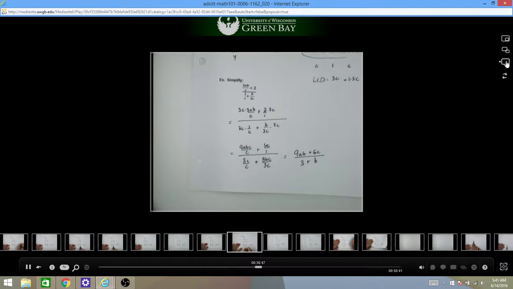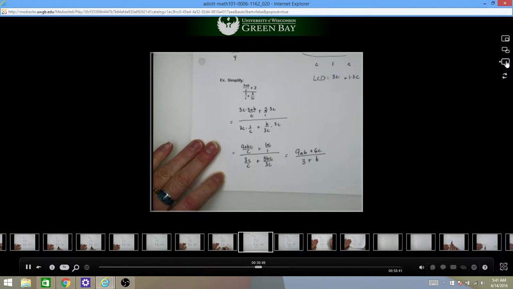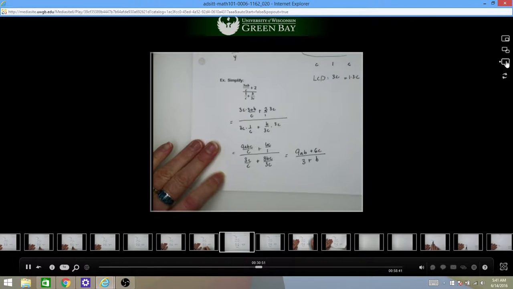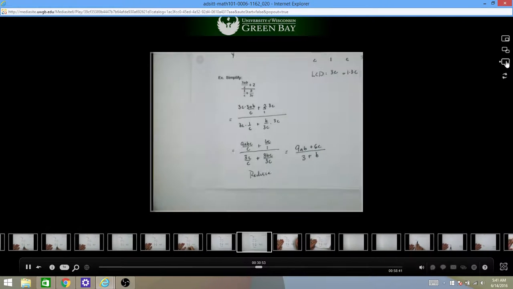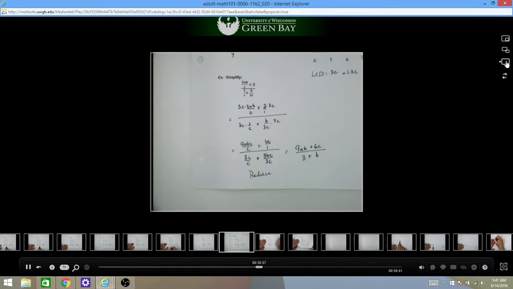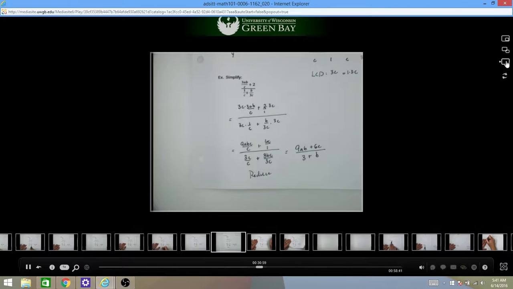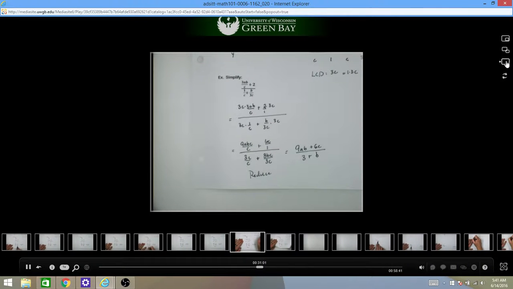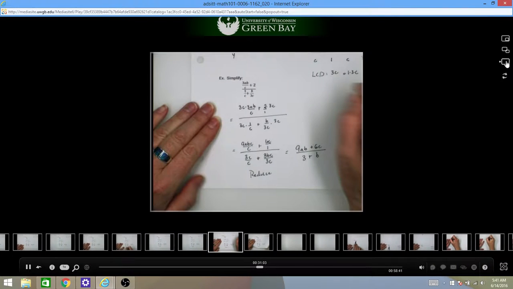We should put reduce. I was trying to think what steps you could write in that you took. Okay, so you multiplied every term in the numerator by the least common denominator, and then you reduced every term.